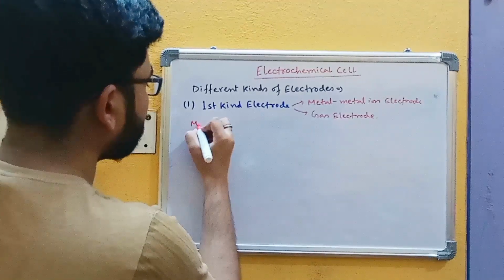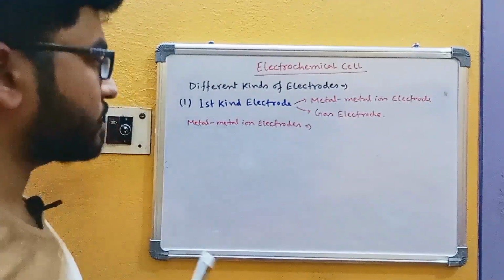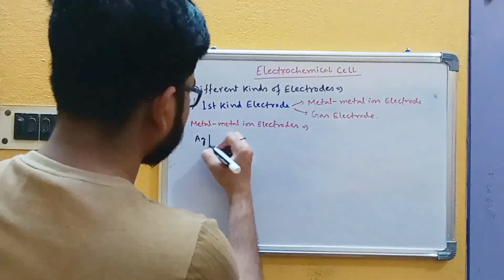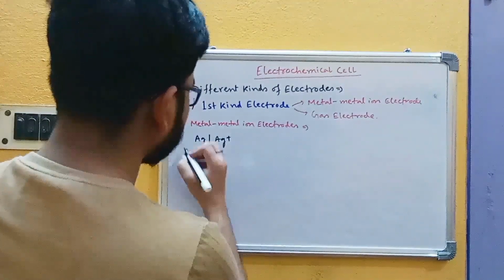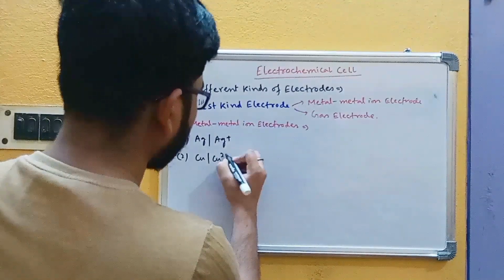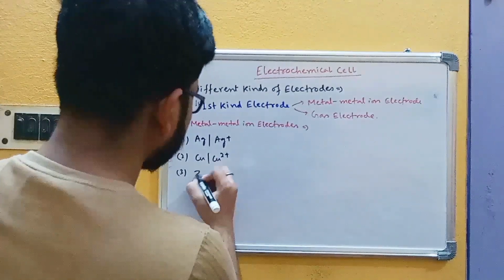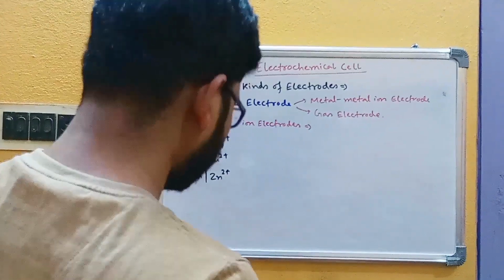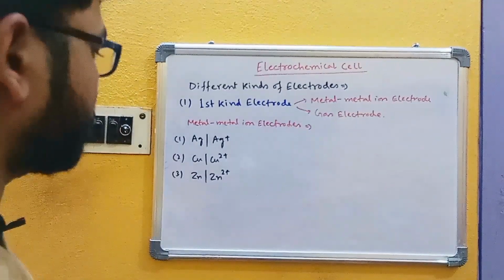What are metal ion electrodes? Examples of metal ion electrodes are Ag plus, or copper 2 plus, or zinc 2 plus. So these are all examples of metal ion electrodes.